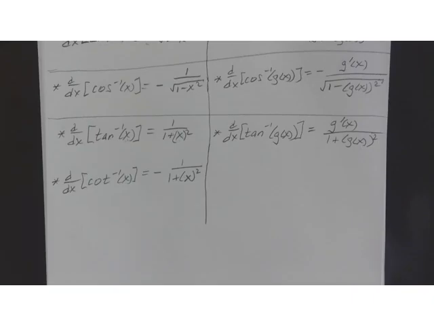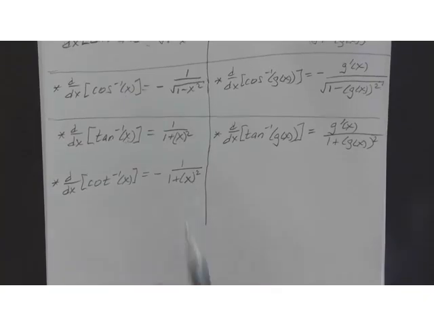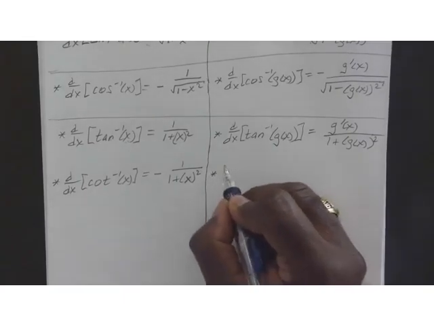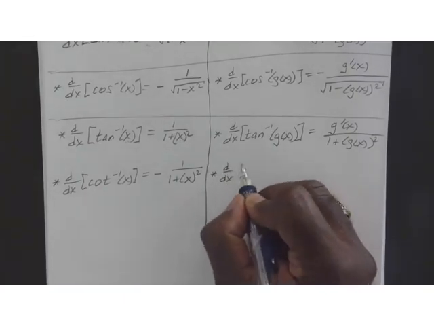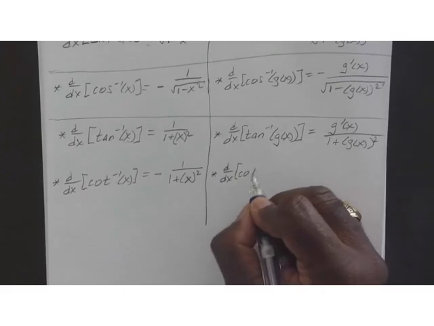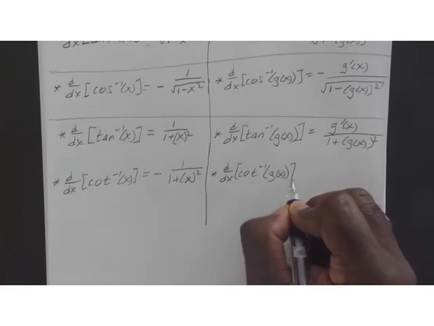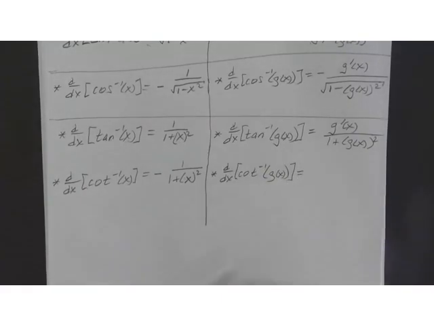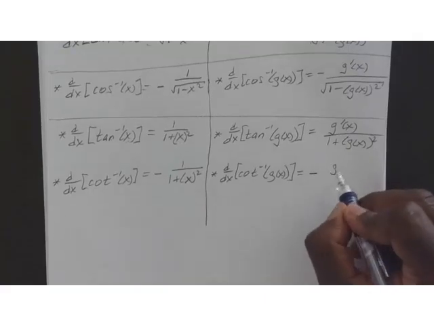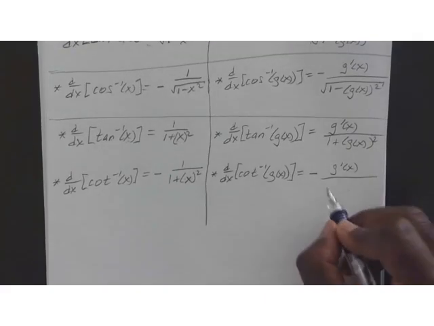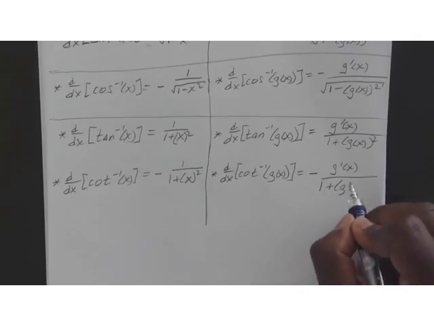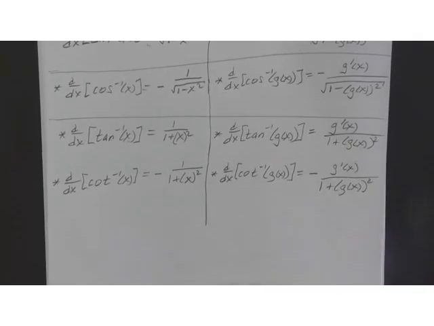I think just as a student, that was my reminder to change that to g of x. And the derivative of cotangent inverse of some function g of x is equal to the negative g prime of x divided by 1 plus g of x squared.